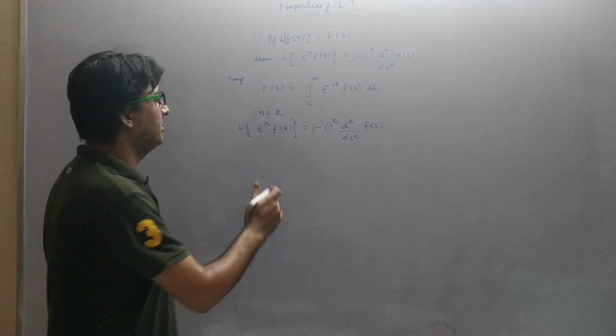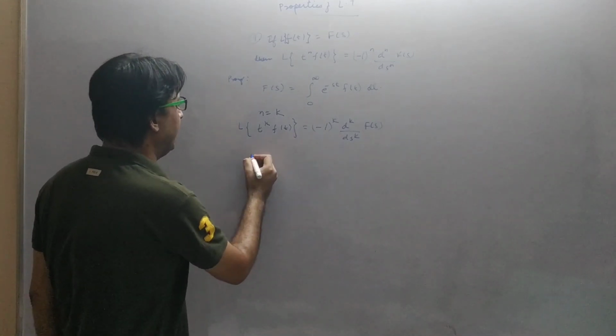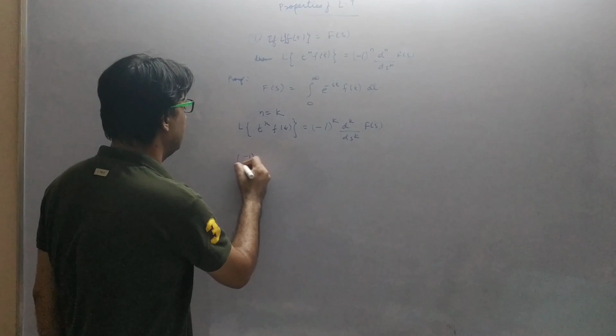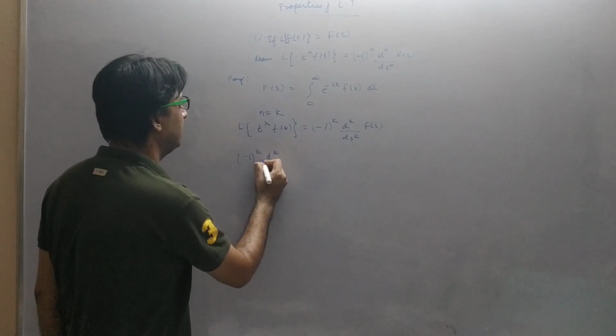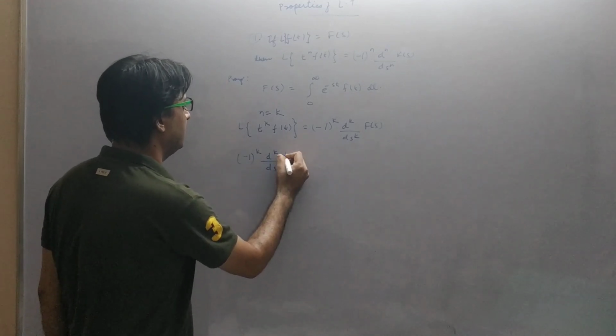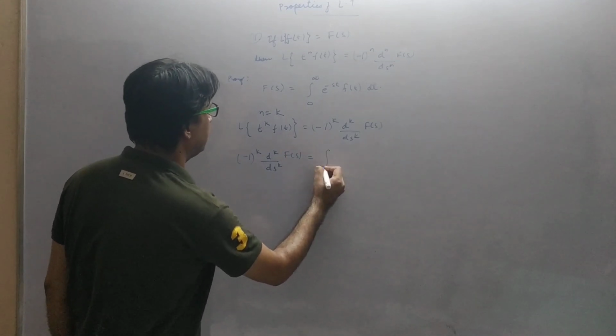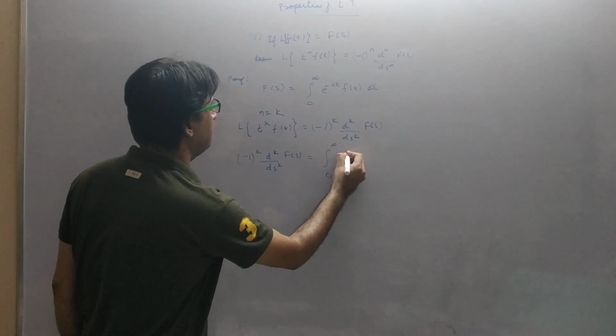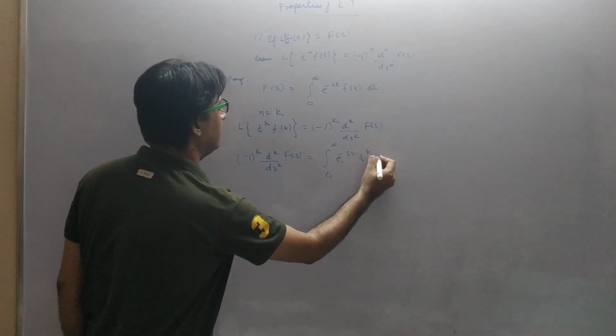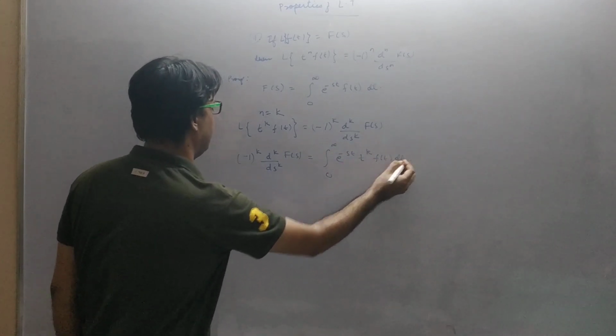Now we can write this equation in reverse: d^k by ds^k F(s) is equal to integral 0 to infinity e to the power minus st t to the power k f(t) dt.